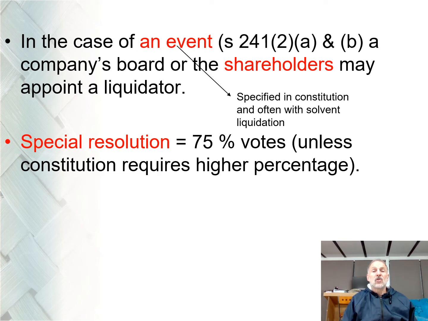We talk about solvent liquidation, but a company's board or the shareholders may appoint a liquidator. And it will happen according to special resolution, and usually special resolution will be 75% of votes unless the constitution requires a higher percentage. In other words, unless the constitution was modified by that company to fit their specific requirements.